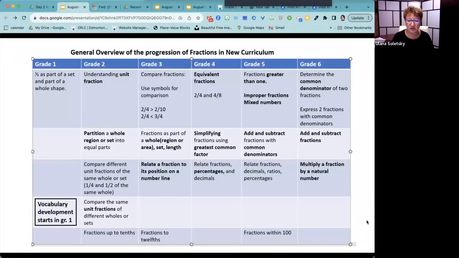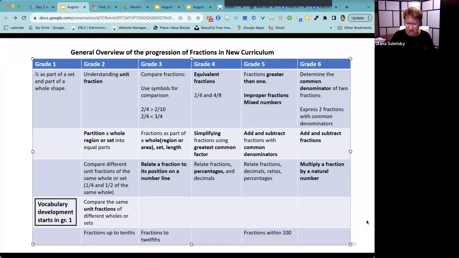We relate fractions, decimals, ratios, and percentages in grade 5. And in grade 6, we multiply a fraction by a natural number. So if we're doing that using manipulatives, you will see how easy it actually is. But yes, Tracy, I will be giving you these slides here. And the scope and sequence also does that.